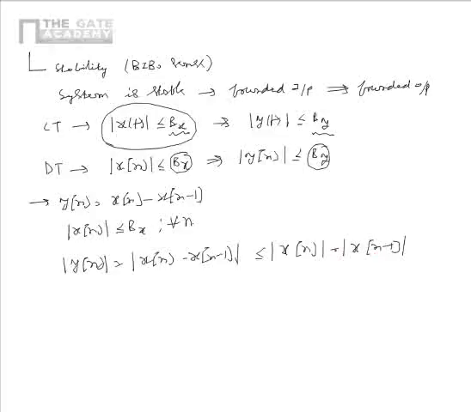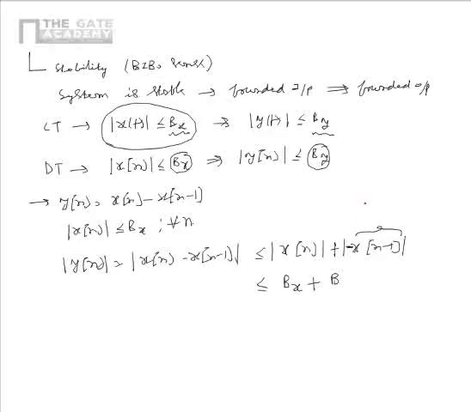Sorry, this is less than or equal to mod x of n plus mod of x of n minus 1. Now we know that mod x of n is less than or equal to bx, so this can further be written as bx plus mod of minus x of n minus 1.